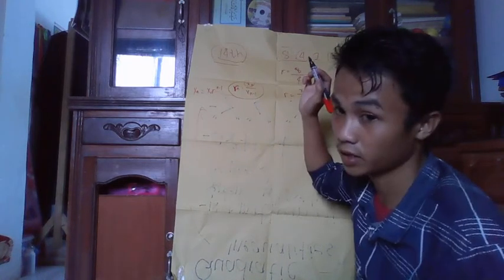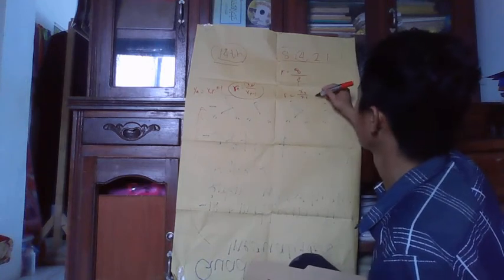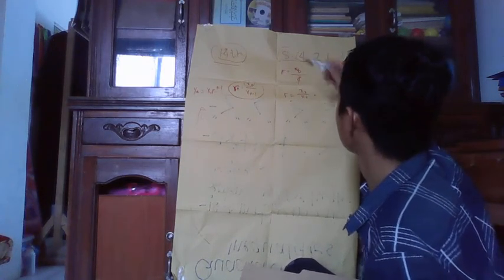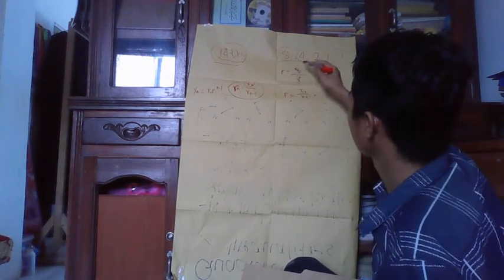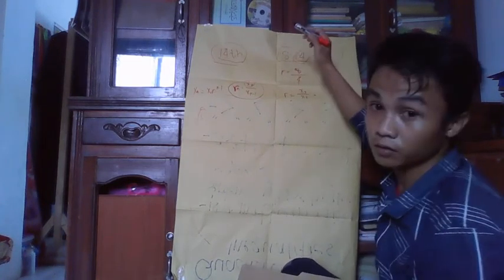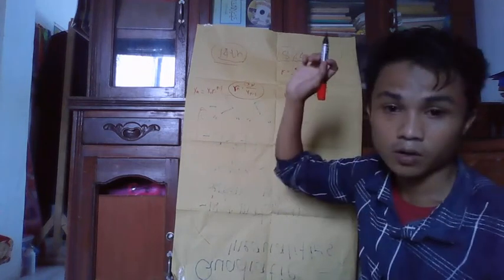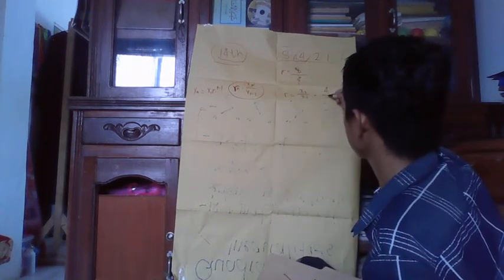So, to get the common ratio, let us substitute. What is our x sub 2? It is 4. Then our x sub 1 is 8.